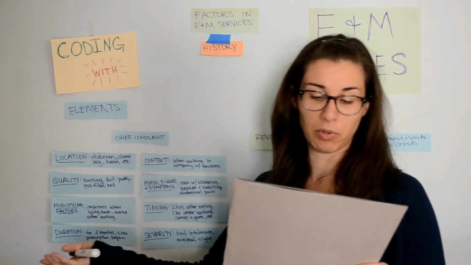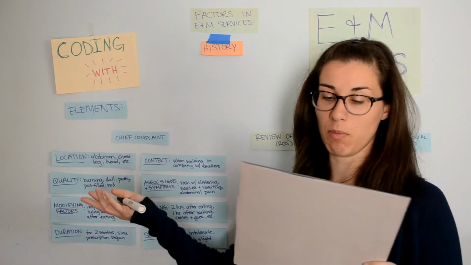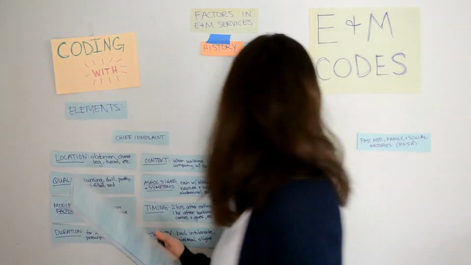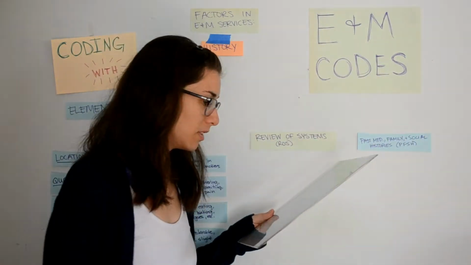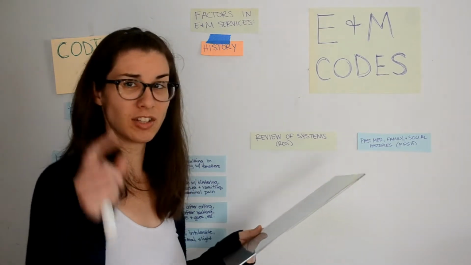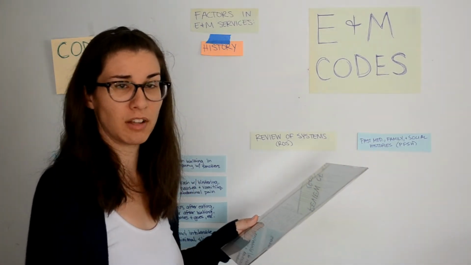Okay, so the chief complaint or the history of present illness can only be, that makes no sense, I don't know. The review of systems, the first level could be expanded problem focused, meaning they looked at one system specifically.